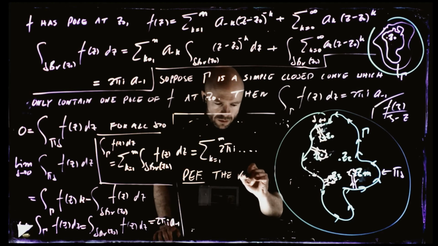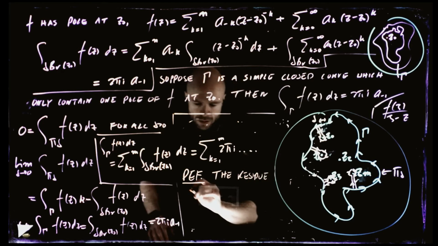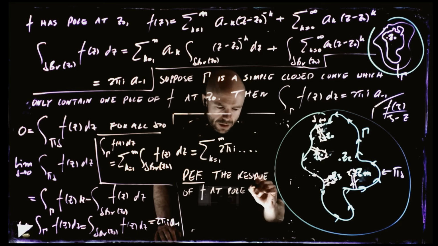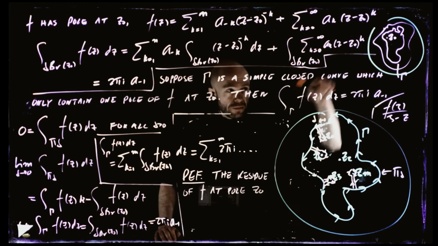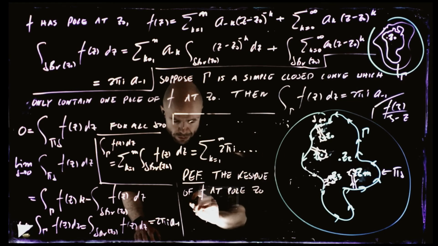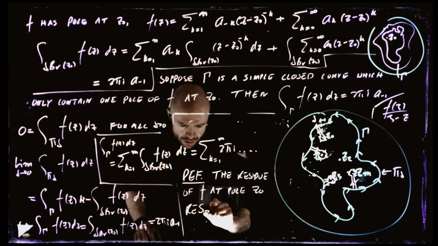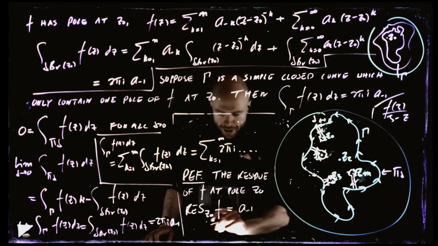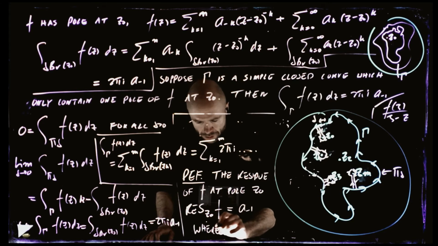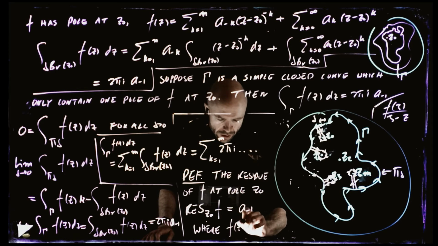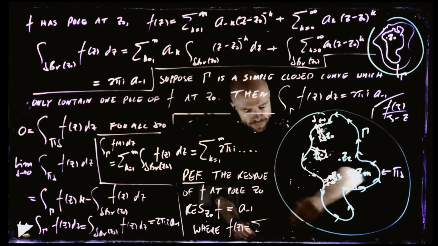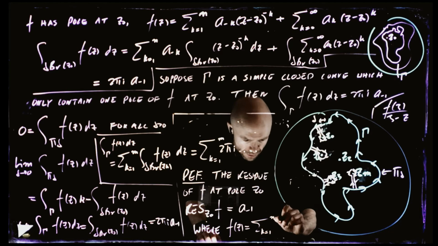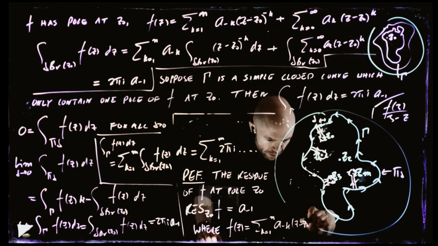The residue of f at a pole, so I'm going to call it Z0, but it's not this Z0, it's any Z0, which we write like this, res Z0 of f is equal to a to the minus 1, where f has the expansion f of z is equal to the sum k equals 1 to n of a to the minus k times z minus z0 to the minus k.